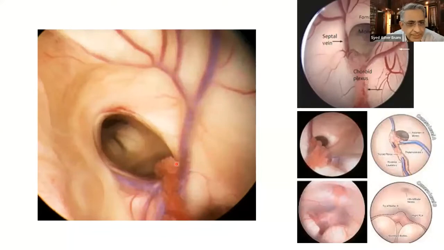So this is from the left side, and the choroid plexus always orients you. And with the choroid plexus, you see the septal veins over here. So if you see the septal vein over here, this is how I orient myself. If the septal vein is on the right side, then I'm in the left ventricle. And if the septal vein is on the left side, I'm in the right ventricle.